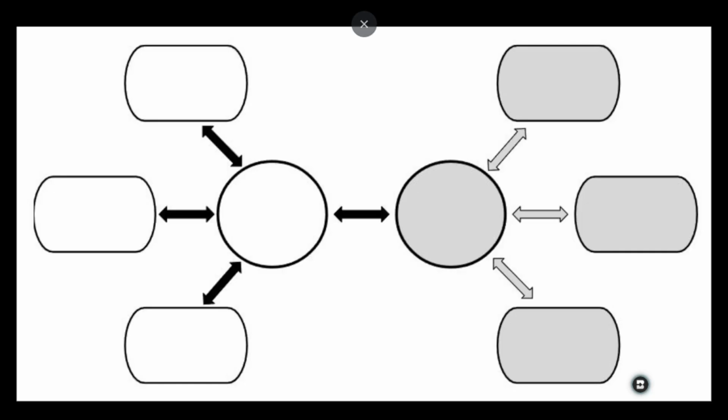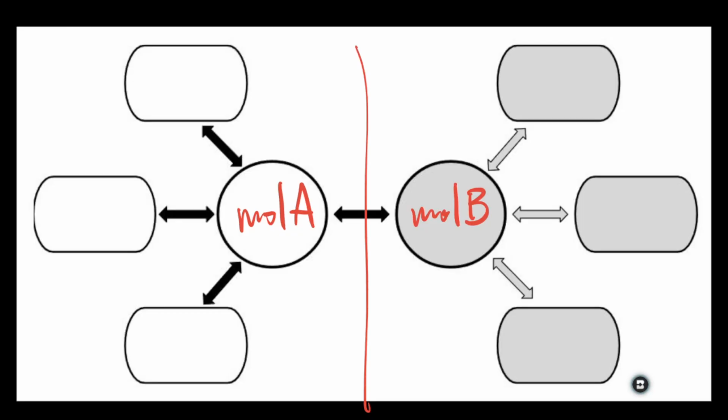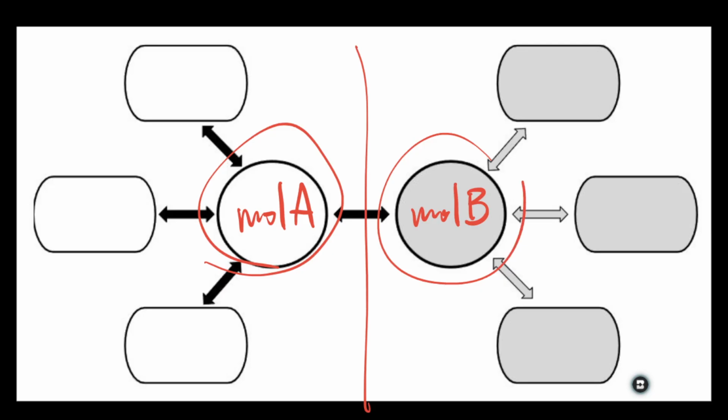Next one, we get into Unit 5, stoichiometry. So for stoichiometry, this is the most difficult unit in chemistry. So if you're struggling, you have another chance here to focus and pay attention. So remember our mole map. We have mole A and then mole B. The reason why we have 2 different moles is because when we are balancing or calculating between 2 different substances, you have A and B. Don't mix them.